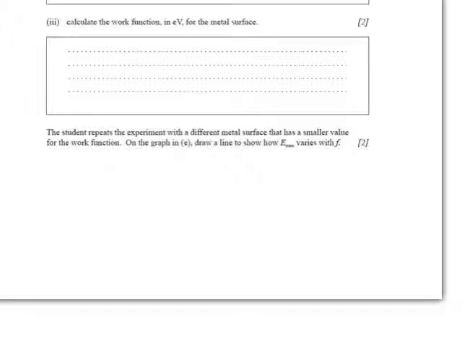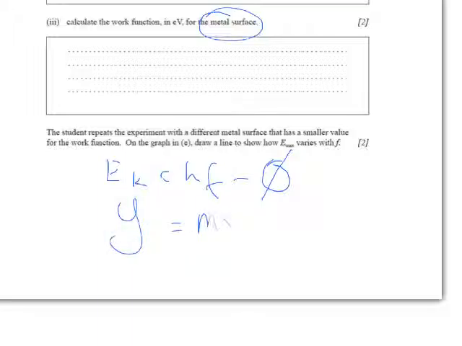For the work function in eV for the metal surface, once again using linearization, this time we're looking at the y-intercept, because if we have y = mx + c, what we're looking for then is the work function, which is that thing there.